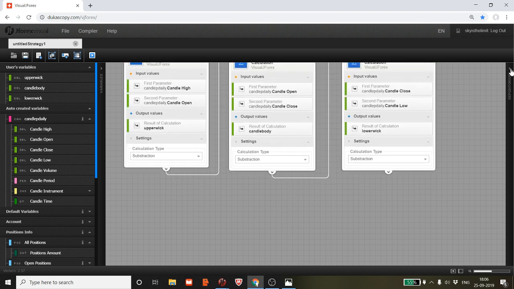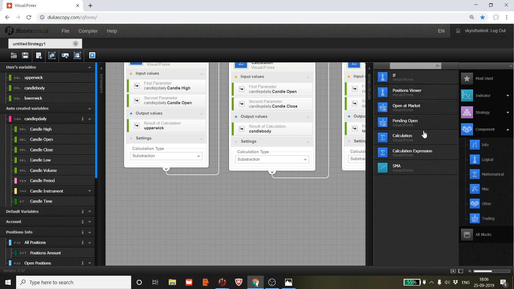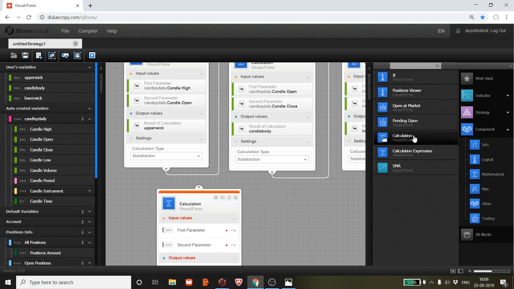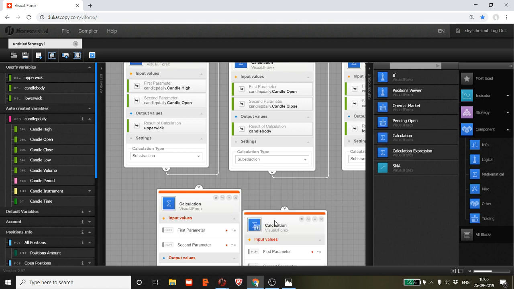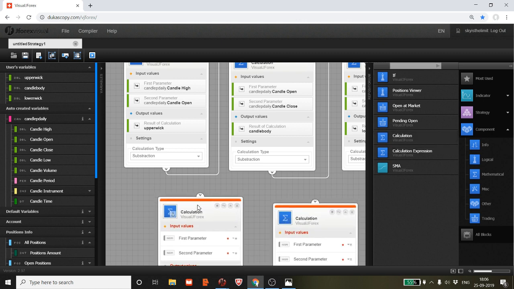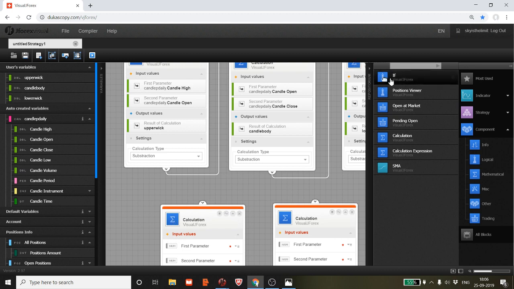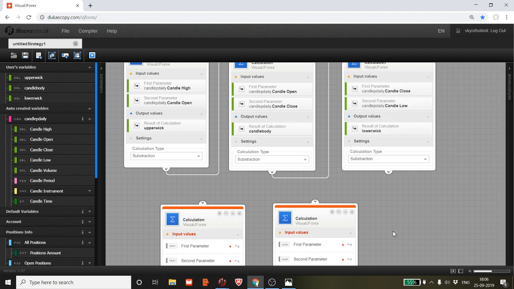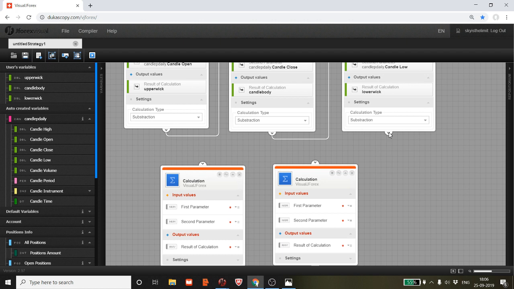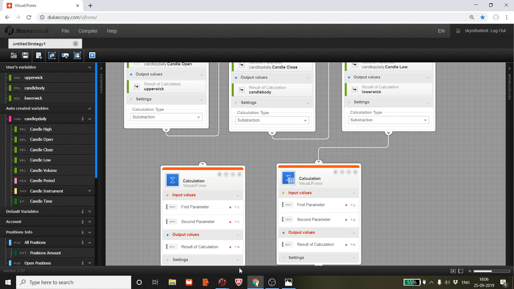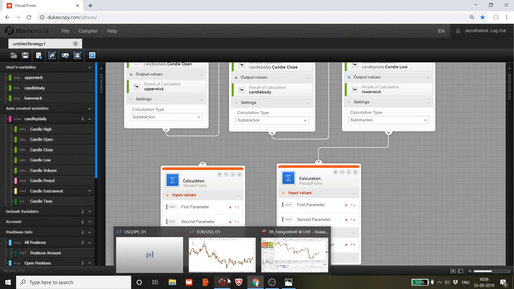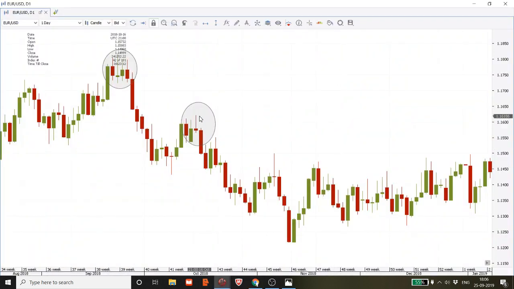Now next thing we will need to calculate the requirements. So again we need two more calculation blocks. Now here, first thing will be, the upper wick should be greater than 3 times.